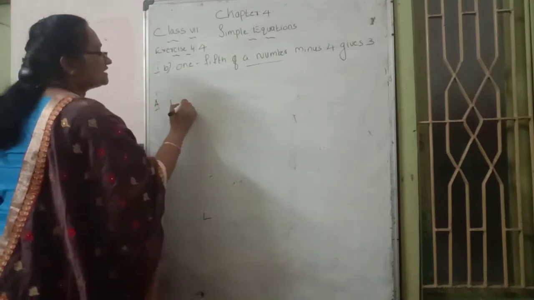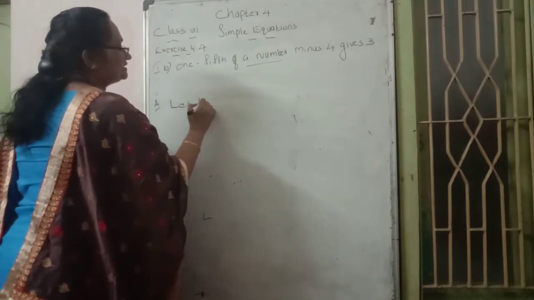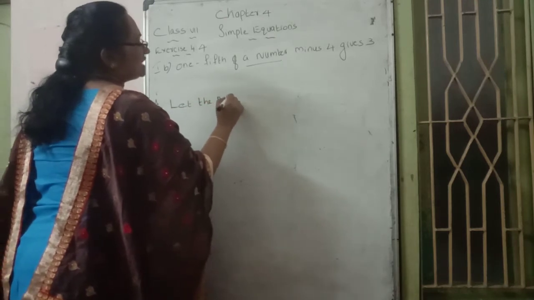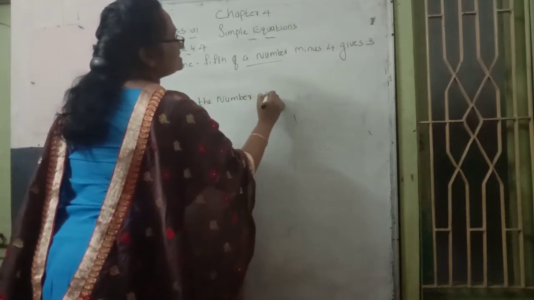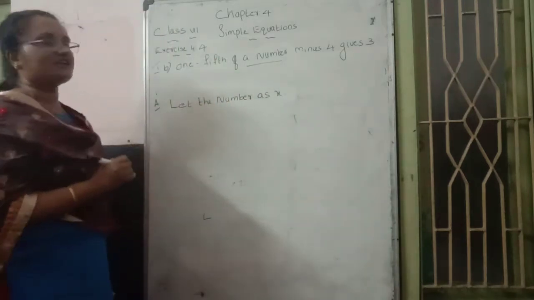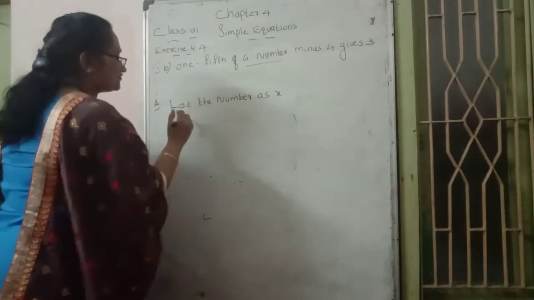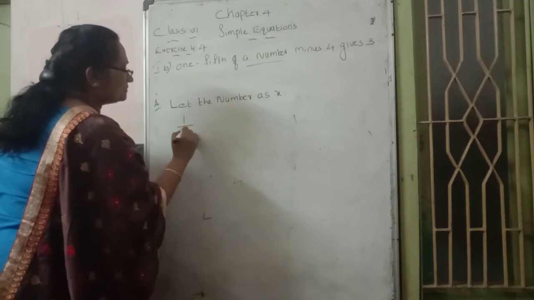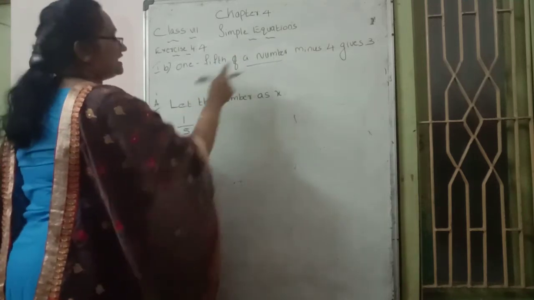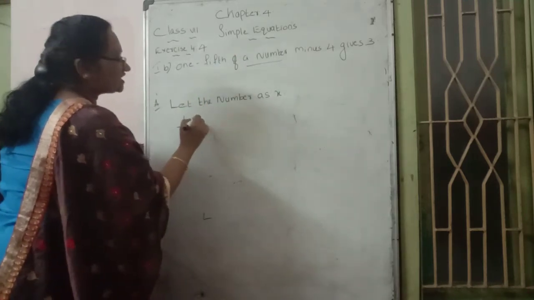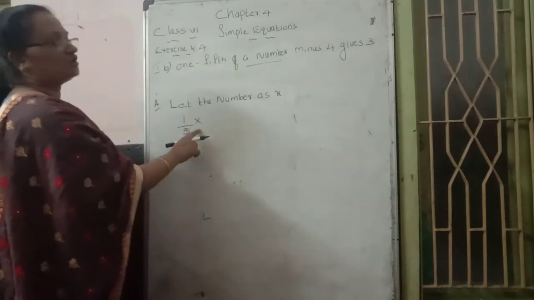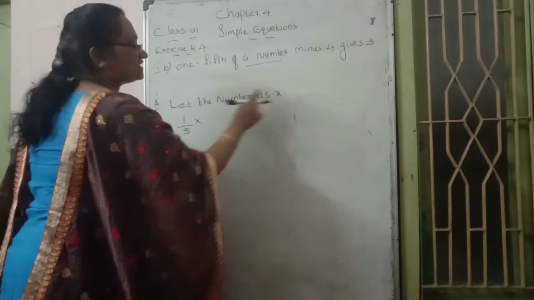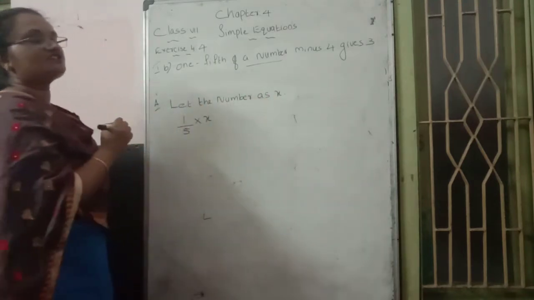So let the unknown number, we consider it as x. In which way? 1/5 of a number, how to write? Of means which operation? Early in the second chapter we learned. Of means multiplication: into a number, we consider it as the alphabet x.